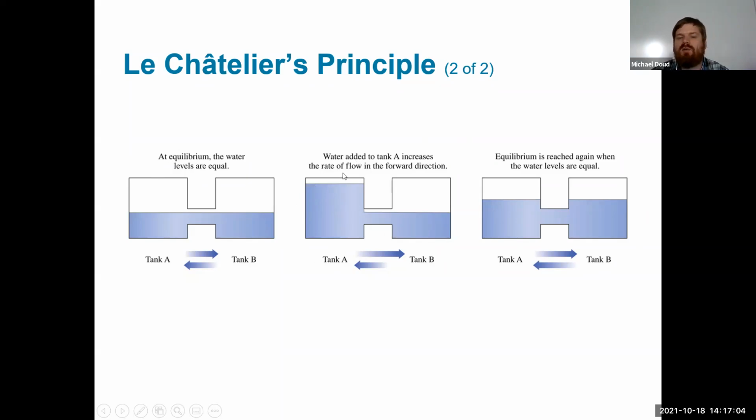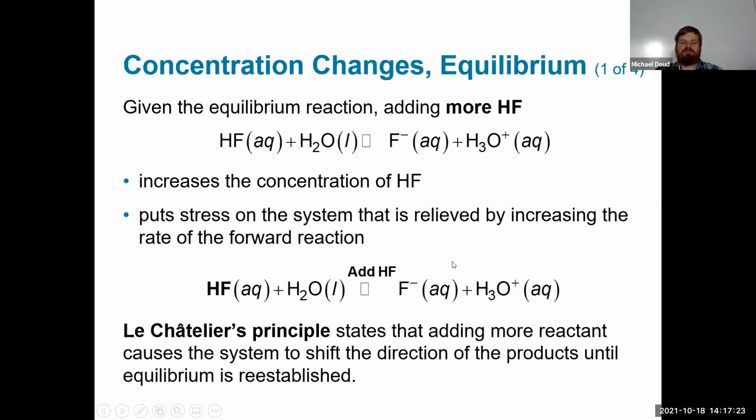Well, the rate of water flowing from A to B is going to increase, and the rate of water flowing from B to A is going to decrease until eventually you hit equilibrium once again. And now the rate of water flowing from A to B is the same as the rate of water flowing from B to A. So this is an example of Le Chatelier's principle.